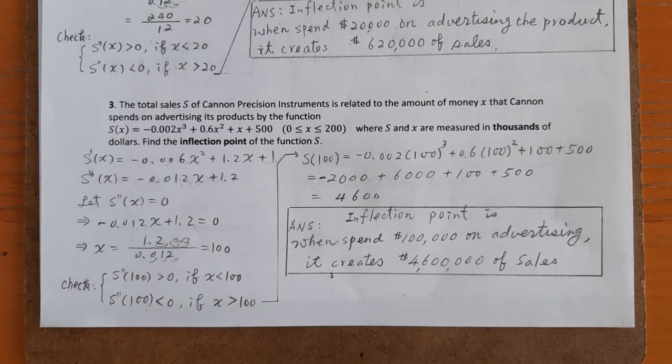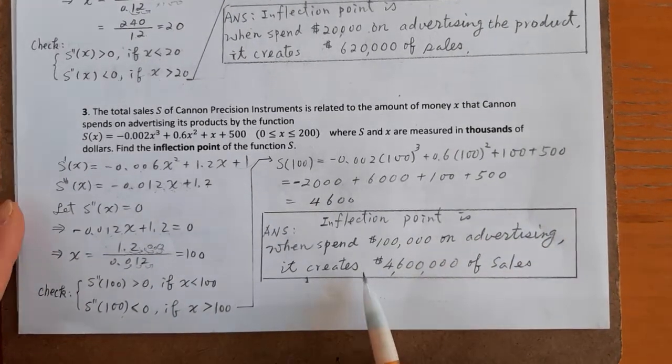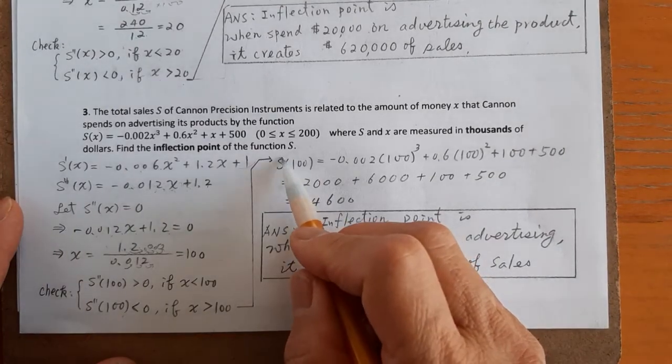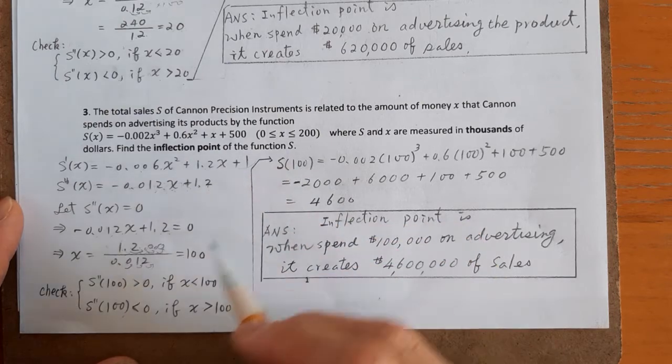They are different signs. So x equals 100 is the inflection point, and you have to figure out the function value at 100.